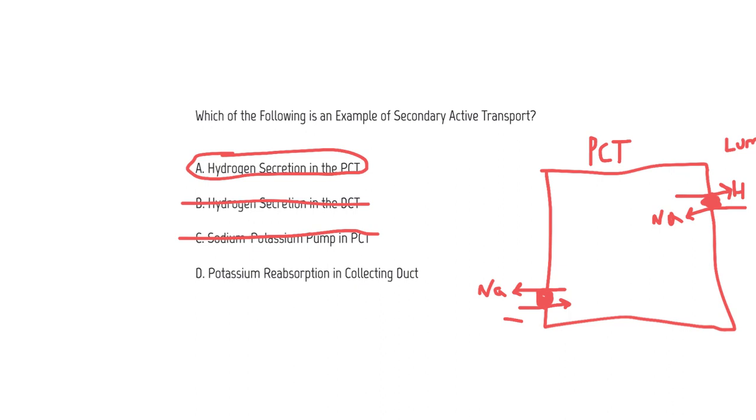And choice D, potassium reabsorption in the collecting duct, what was the reason for that? We had potassium enter the cell where it was already in high concentration, and it left through a transporter on the opposite side of the cell, going down its concentration gradient. So that didn't use any form of energy.